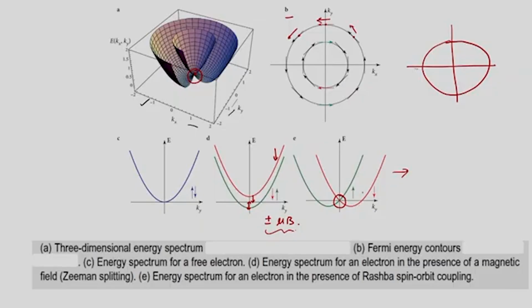Now you see that the difference between the red and the green curve is because of this alpha. If alpha becomes larger, the parabolic bands will move farther apart.